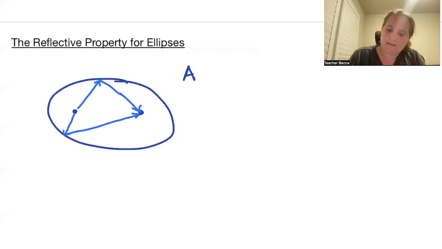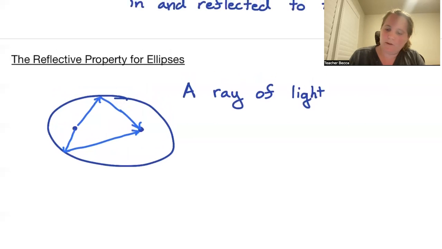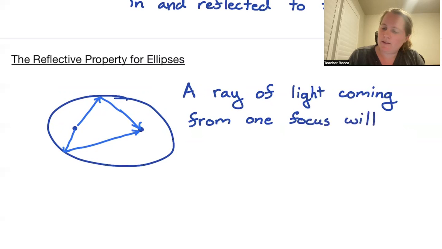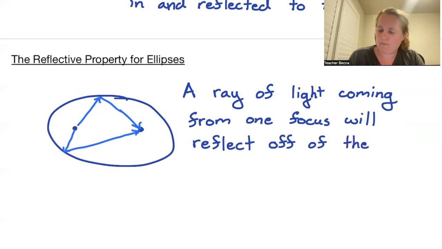So a ray of light coming from one focus will reflect off of the ellipse directly towards the other focus.